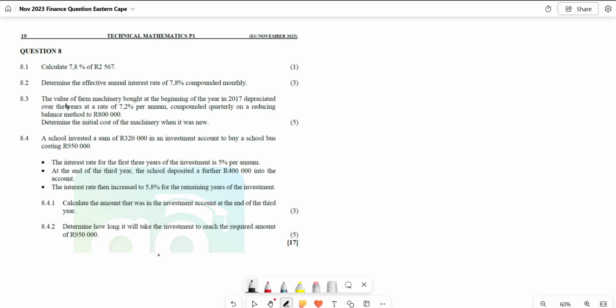The paper in front of us is from the province of Eastern Cape, and it was written during the November examination of 2023 by the learners that were doing grade 11 in that particular year. Without wasting any time, let us get straight to all the questions from this paper.